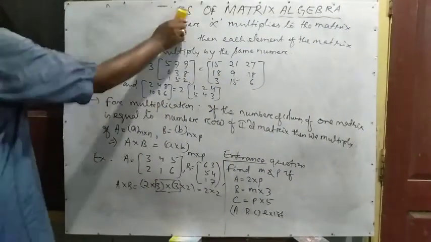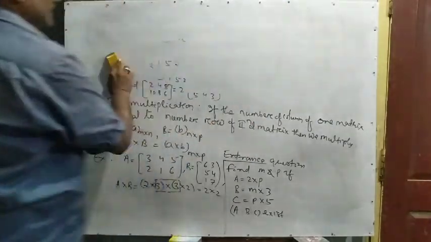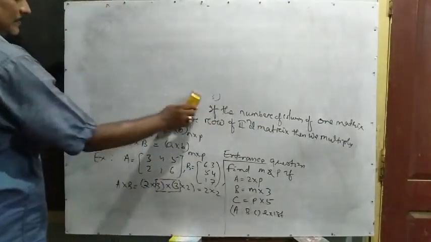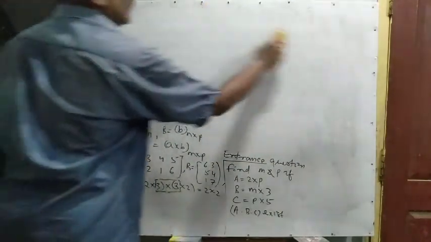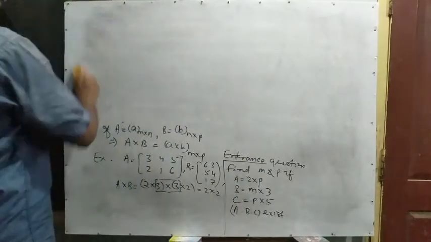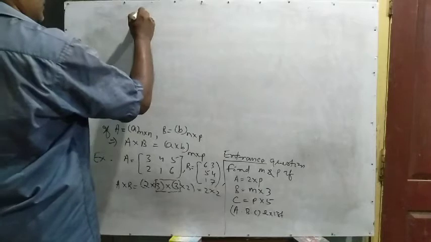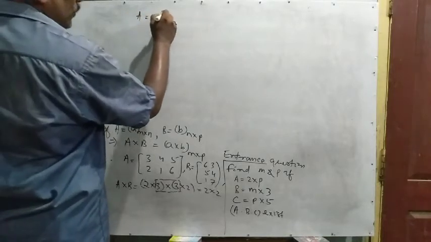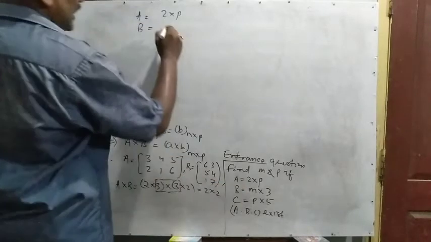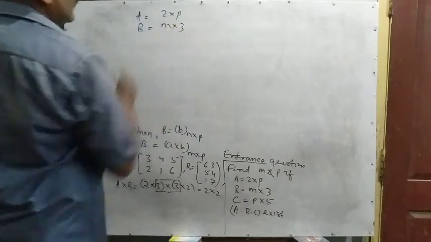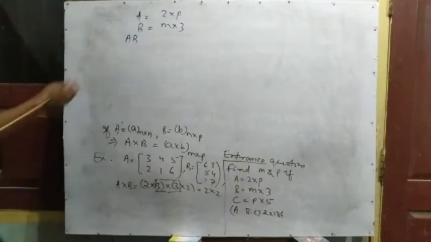The order of A equals 2 by P and the order of B equals M by 3. So AB exists, we can multiply AB.